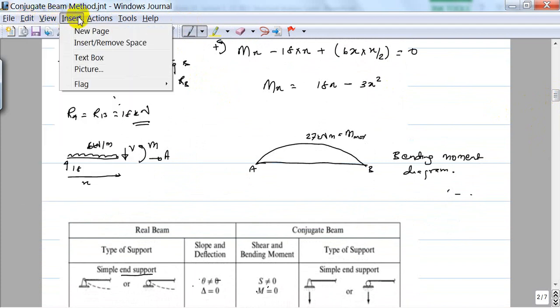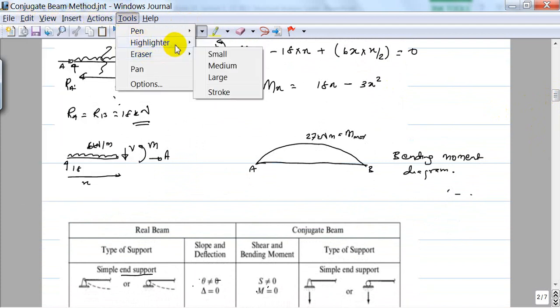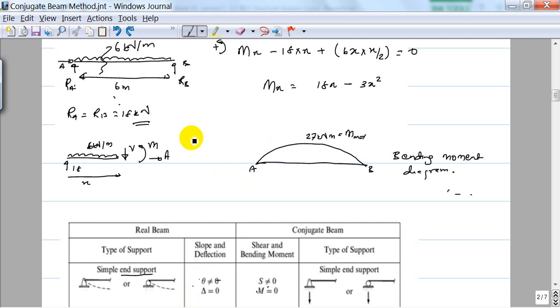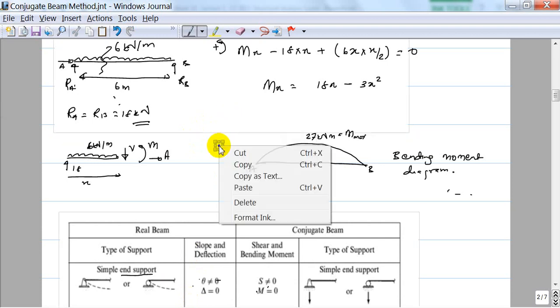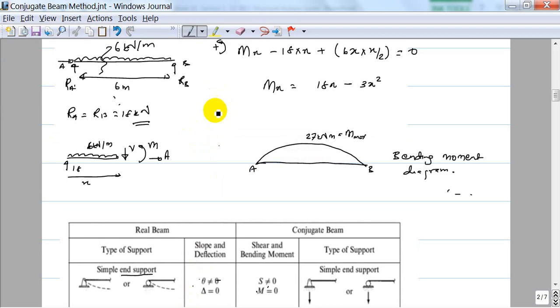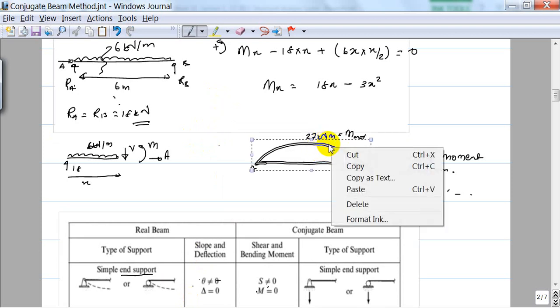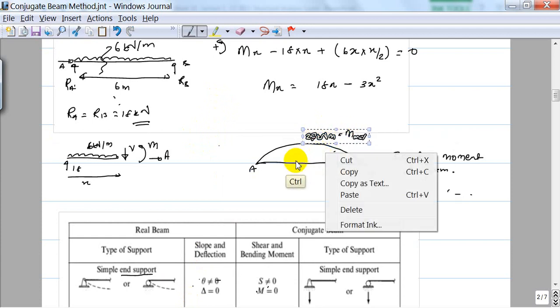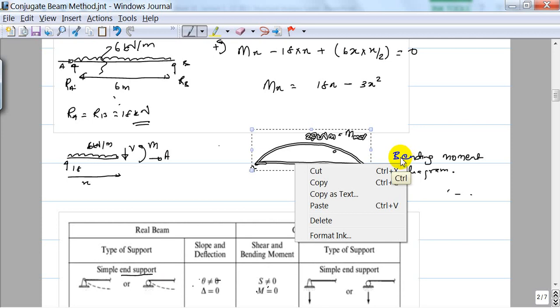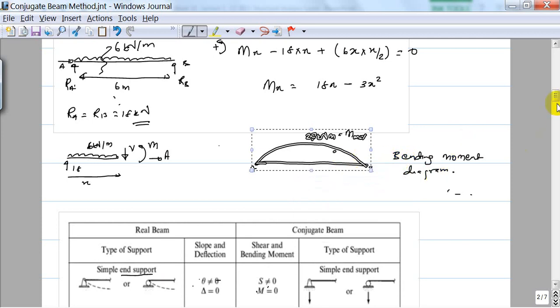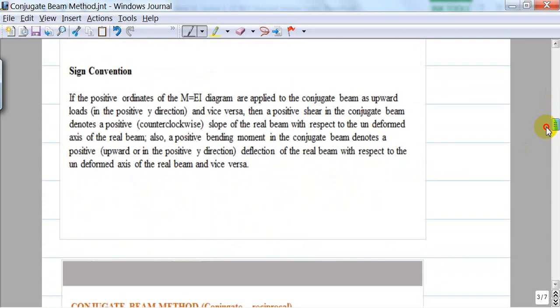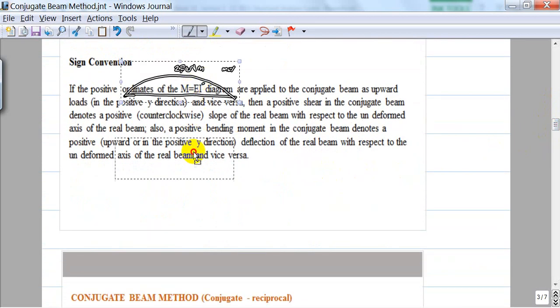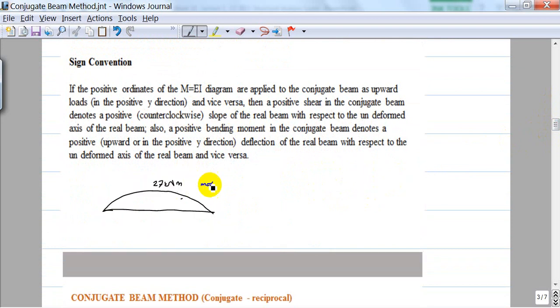Okay, so if I copy this and paste it here, that is my bending moment diagram.